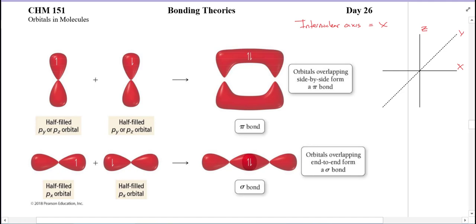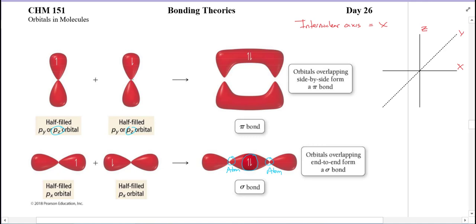So you've got px plus px, they combine, and you can see the bond is right here. You have an atom and an atom. So the sigma bond is in between those two atoms on the internuclear axis, on the x-axis. Z here, so we're going to say this is pz and pz because it's vertical in our little picture.